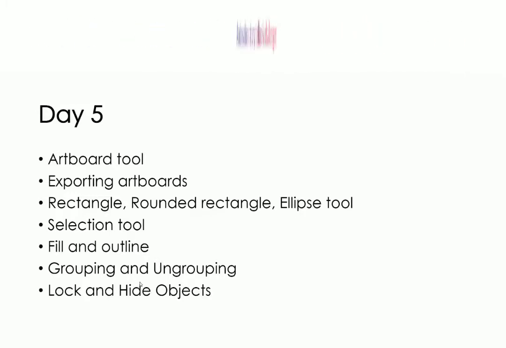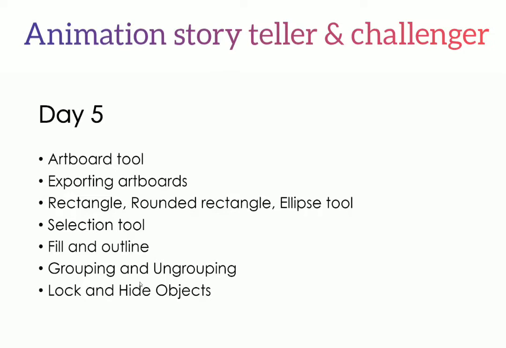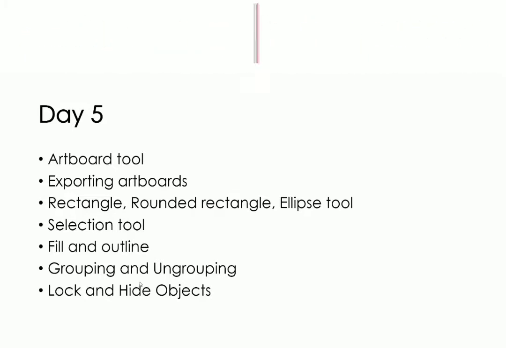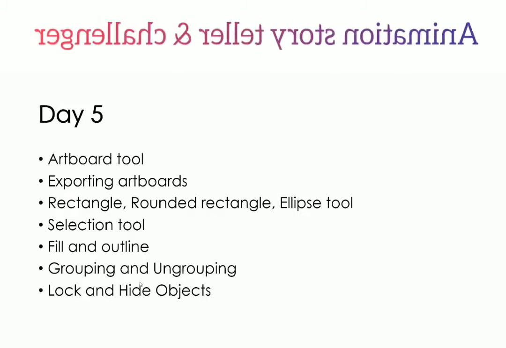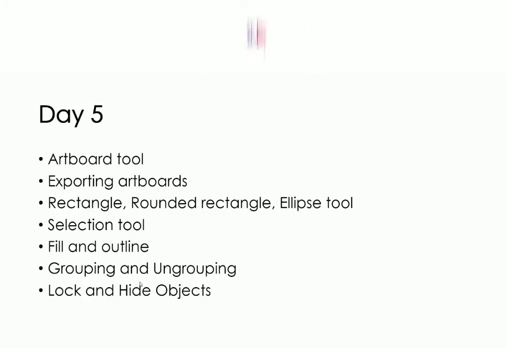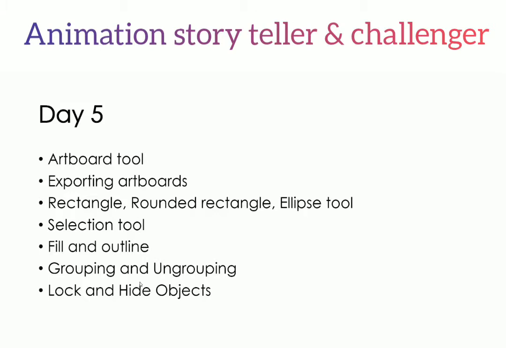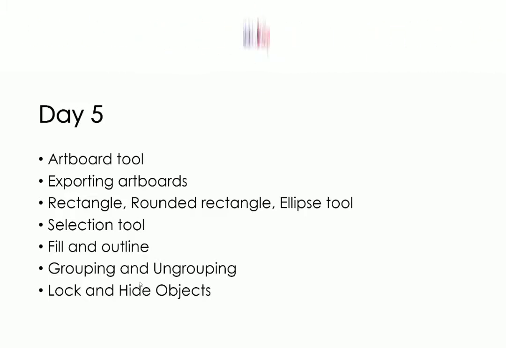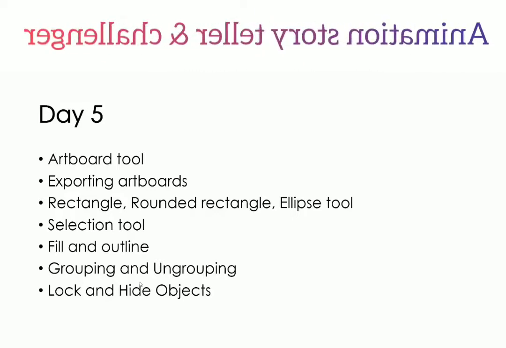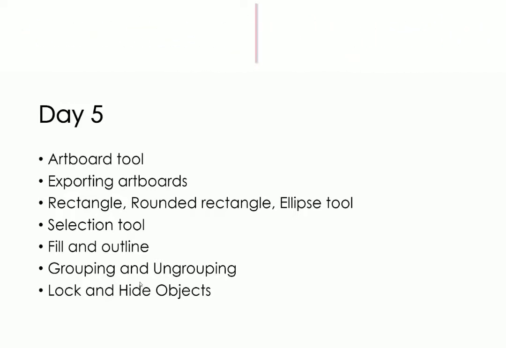Then we will learn how to lock and hide objects. We learned how to lock and hide guides in day 4. Today we are going to see how to do the same thing with objects or shapes like rectangle, rounded rectangle and ellipse. So let's jump into Illustrator without wasting any further time.